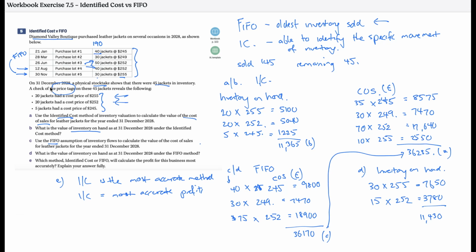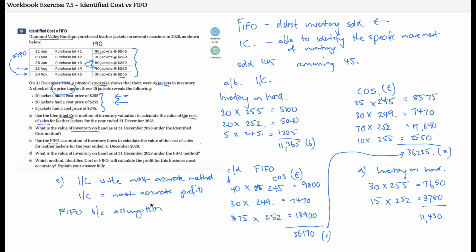It is accurate. Now, it's important to recognize that FIFO makes an assumption. FIFO is not the most accurate because it has an assumption, and that assumption is that the oldest goods are sold first. The most important thing to recognize, though, is it doesn't mean it's inappropriate to use. It is a completely appropriate valuation method.